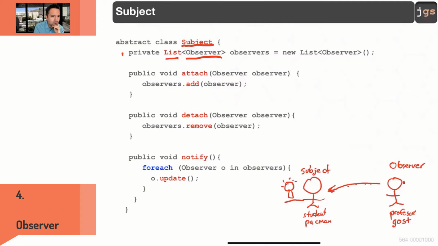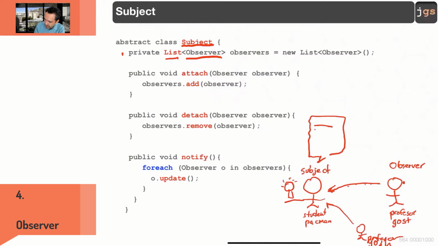The second thing that is going to happen is that this guy, the subject, needs to remember that this one is observing. What if I have another guy here, another professor, another ghost that is also interested in the information that the first one had?